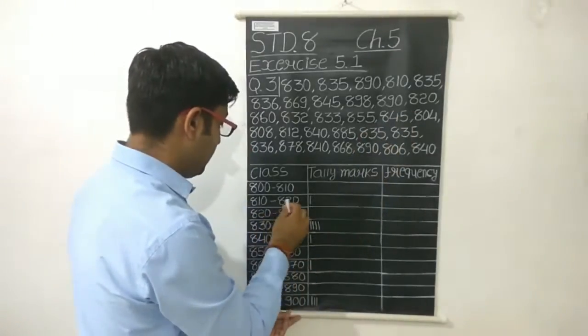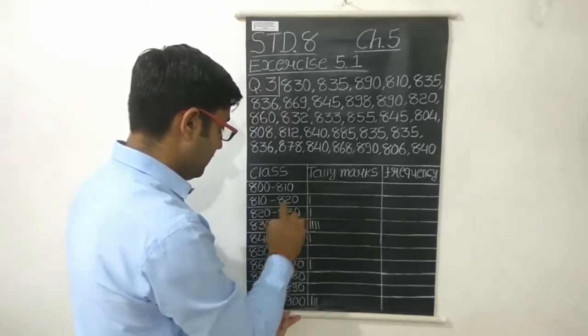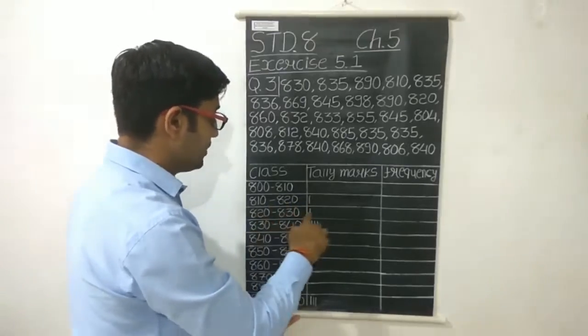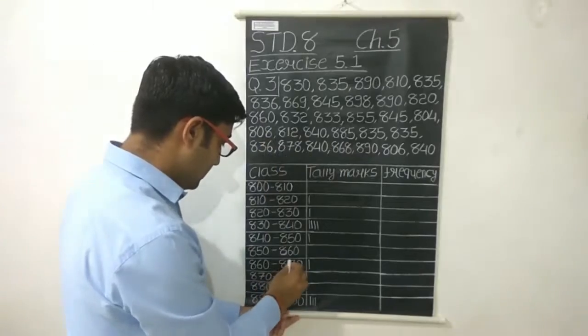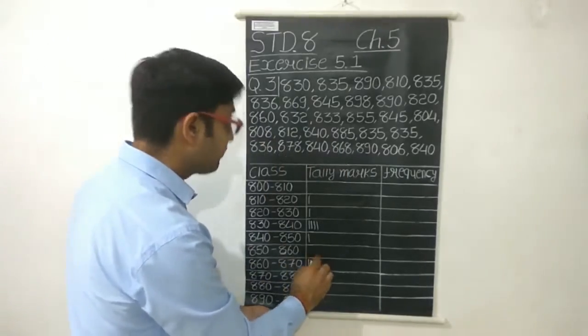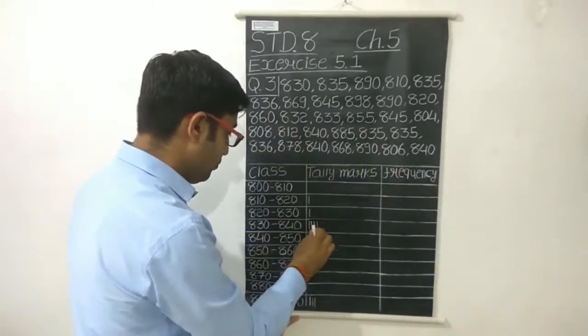820. 820 we have to put in this group. See, here also 820 is there. So we cannot put it here, we have to put it in this group. Now 860, again we cannot put here, we have to put in this group. So 832 will be here.